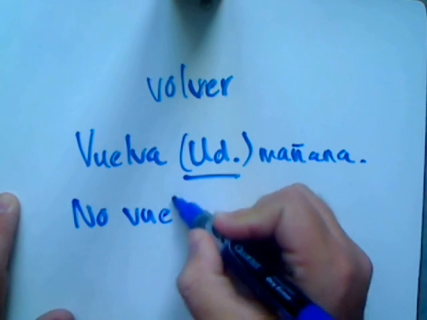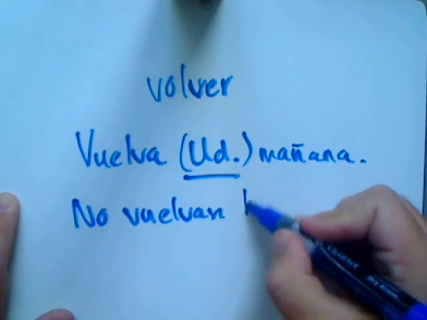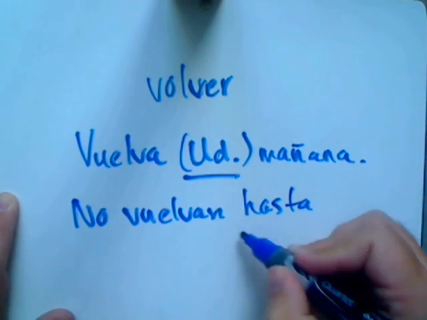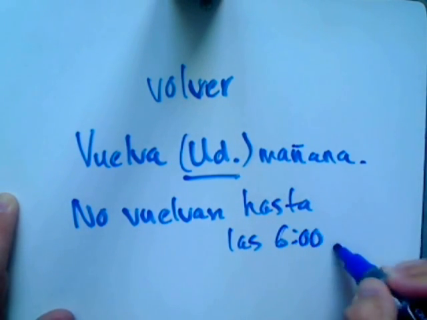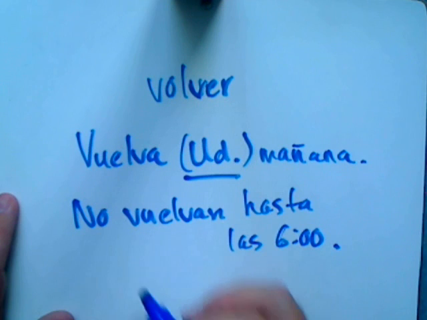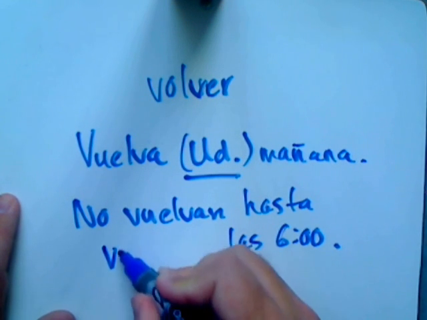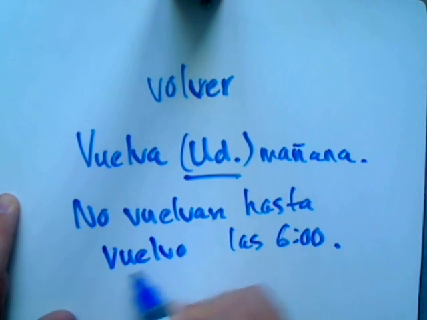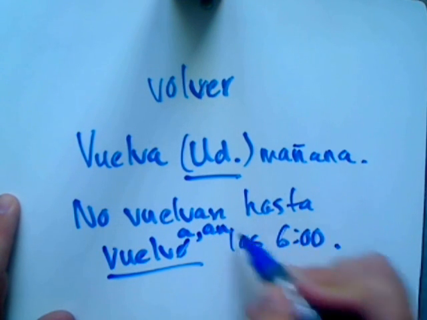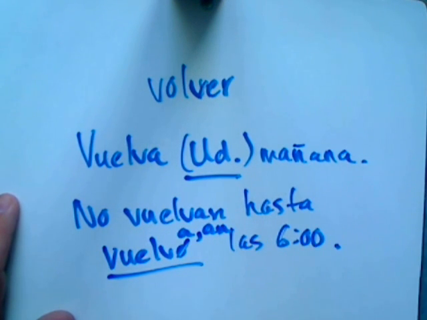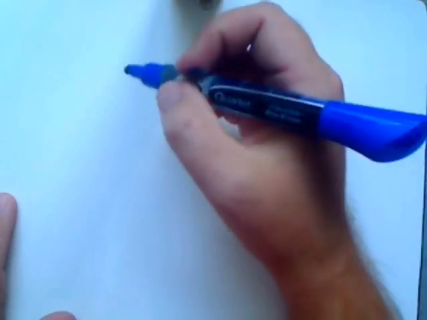No vuelvan hasta las 6. Don't come back until 6. Again, these forms are coming from the yo form, vuelvo, and adding the opposite vowel endings. Okay? Vuelva, vuelvan.